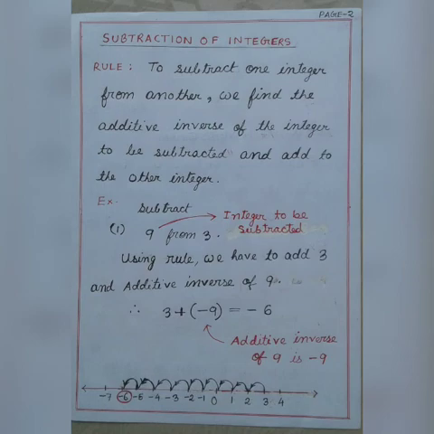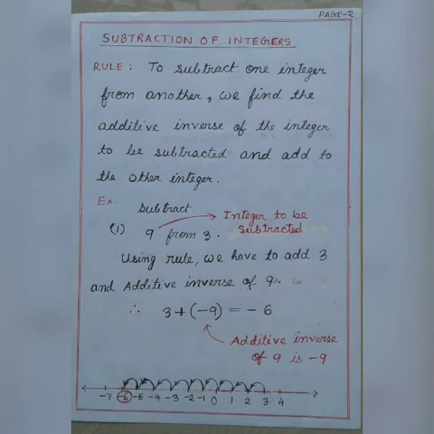So 3 plus within bracket minus 9 is equal to how much? I have drawn the number line to find this. I have reached the point minus 6 if I add 3 plus minus 9, that is equal to minus 6. You can see that in the slide.